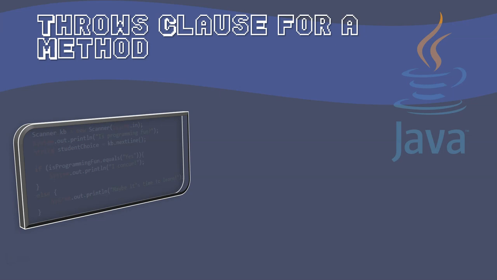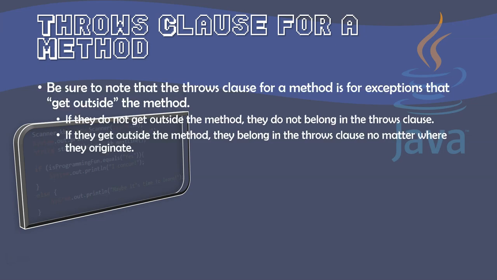Now, for the throws clause of a method, the thing we have to note is that it is for exceptions that get outside the method. If an exception does not get outside the method, it doesn't belong in a throws clause. If it does get outside that method, it belongs in the throws clause no matter where it originates within our program.